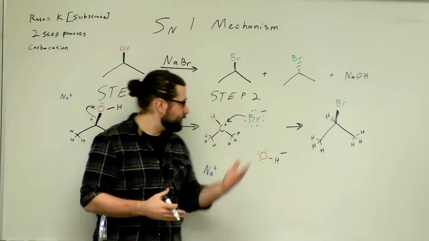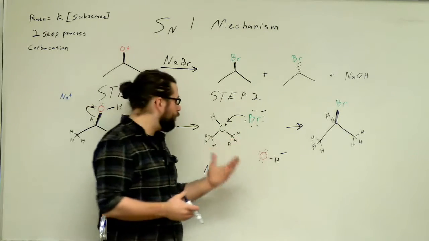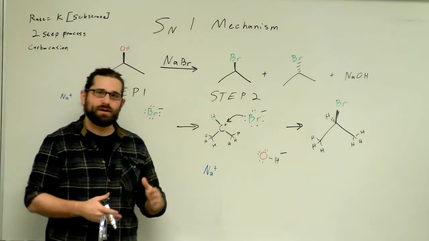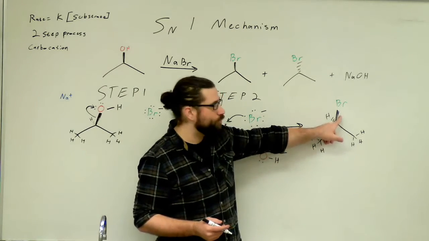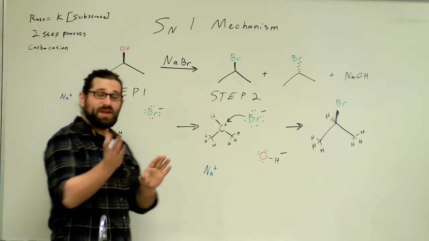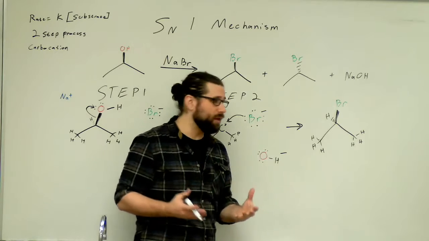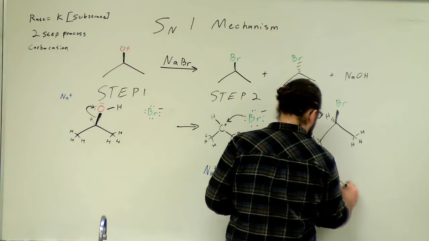Because of that, this bromine could attack from this side or from the back side. That bromine can attack from either way. And so what we end up with in this mechanism is we don't just have that bromine taking the place of the hydroxide. We could have an inverted stereochemistry as well. So we can have both, and we will actually get both in equal measure.